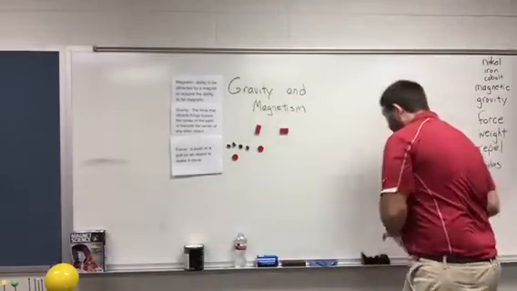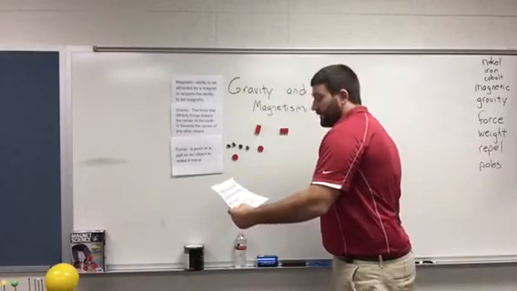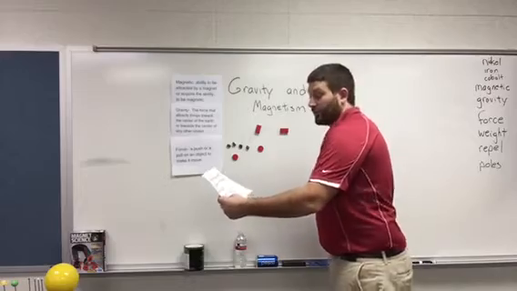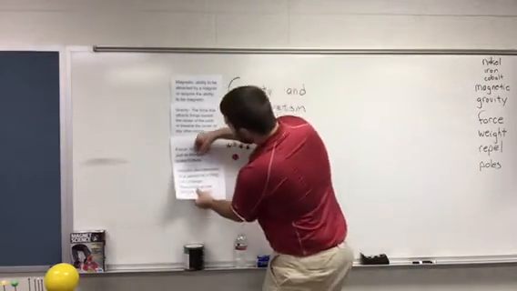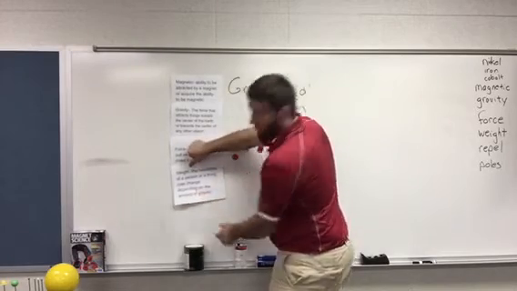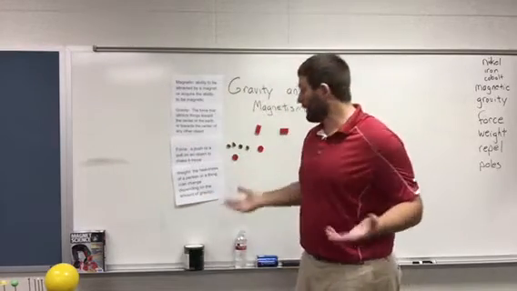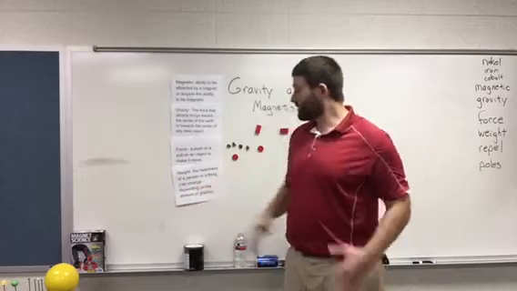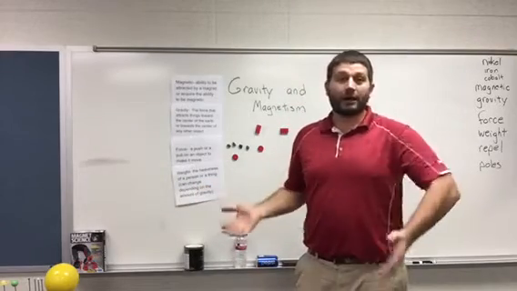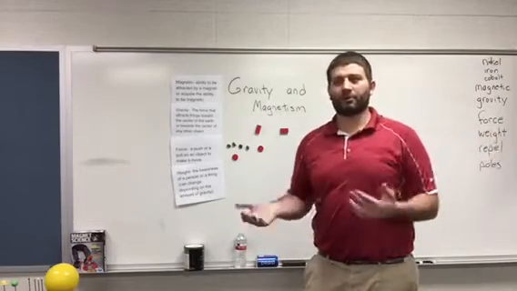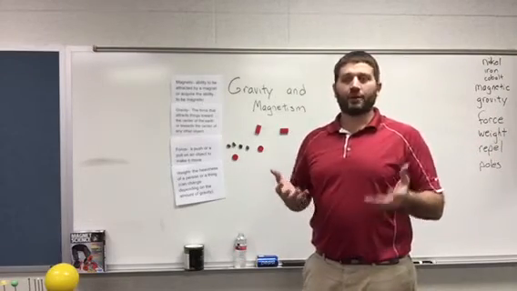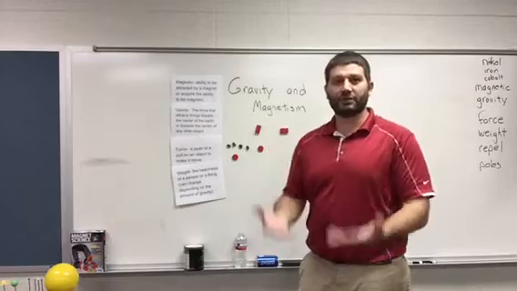Our next one is weight, the heaviness of a person or a thing. So how heavy something is. You might ask someone, how much do they weigh? Well, that's their weight. Now, this can change depending on the amount of gravity. I may weigh 200 pounds on Earth, but if I go to the moon, I probably only weigh about 40, 50 pounds, because it depends on how much gravity, what force, is pulling me down.